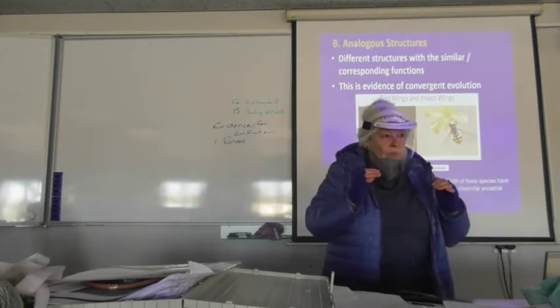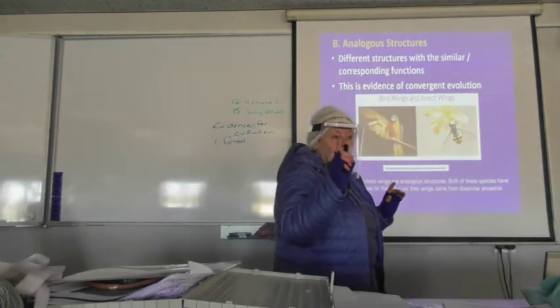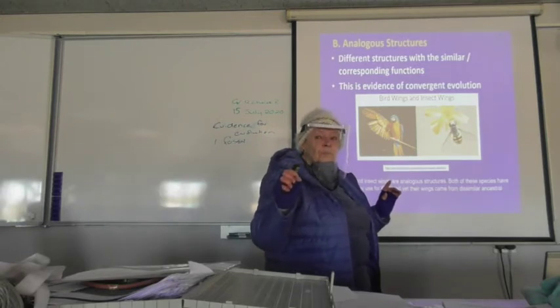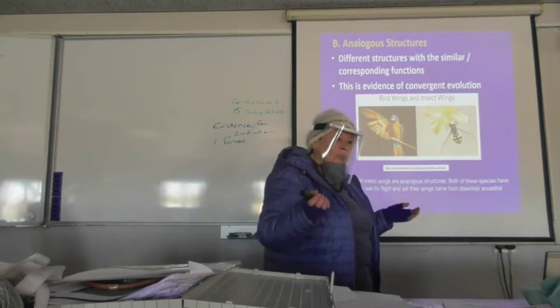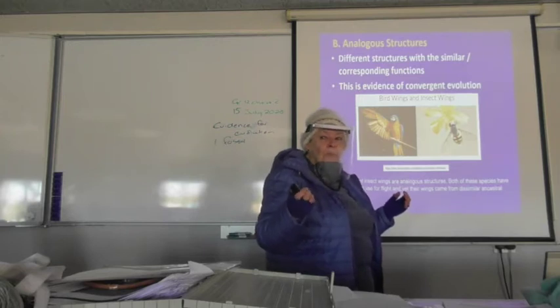Convergent evolution: organisms that have developed similar features to enable them to do similar jobs. They came from a totally different origin. They've got different basic structures to make them, but they do the same job.